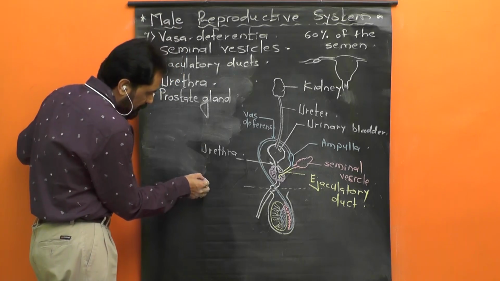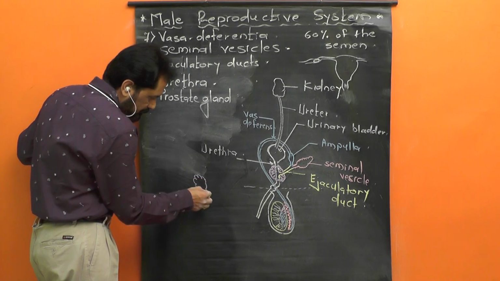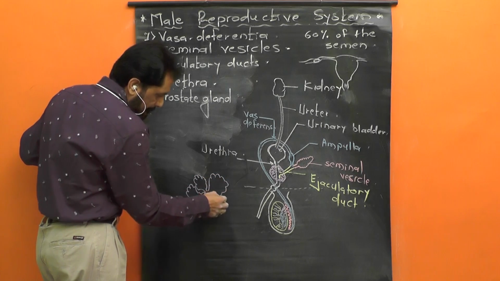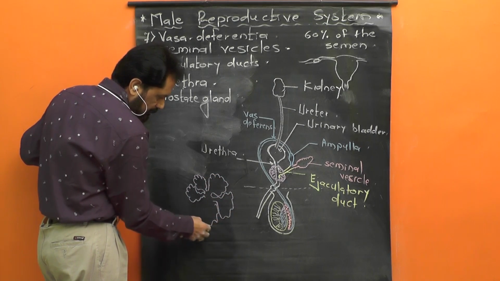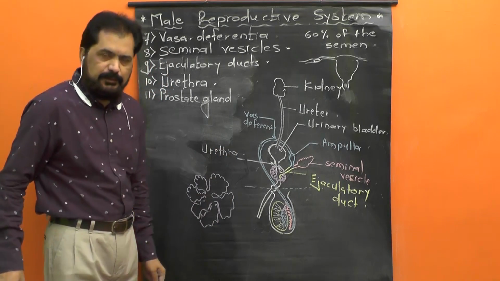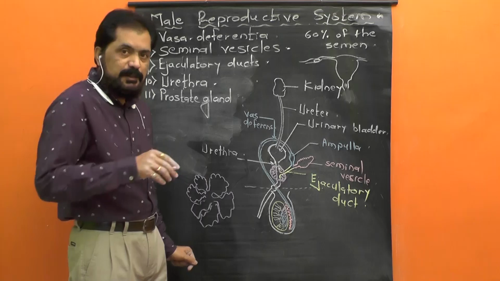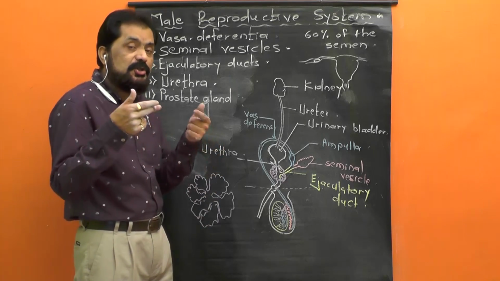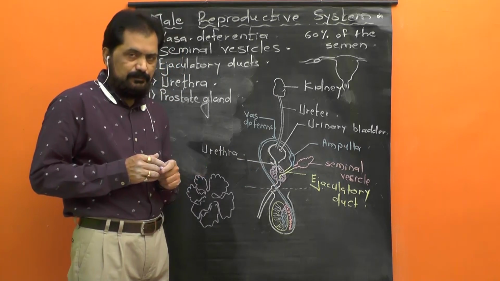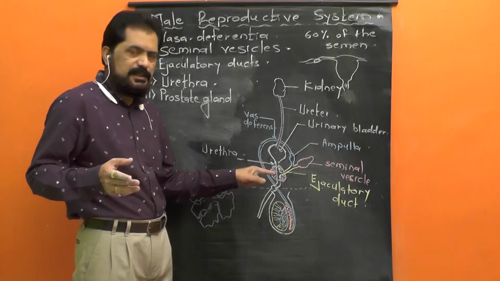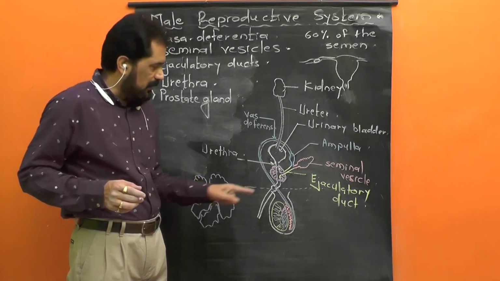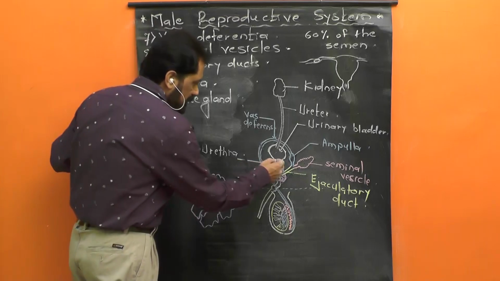Let me show here. In this manner somewhat. It has many lobules and it is present around the junction of ejaculatory ducts and urethra. Please try to understand. Look here. You know, this is urethra.